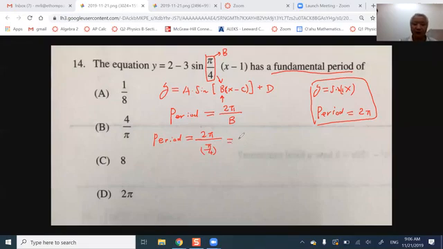And then you get 2 pi times 4 over pi. And then the pi's cancel. You get an 8. So the answer C will be the correct answer.